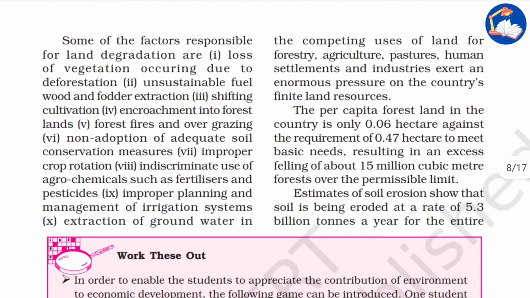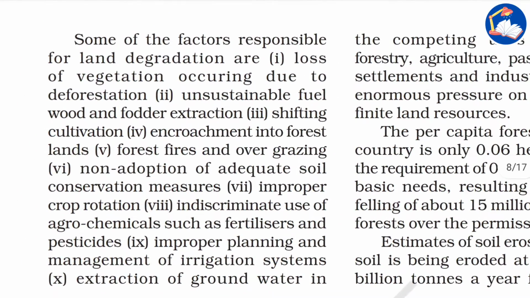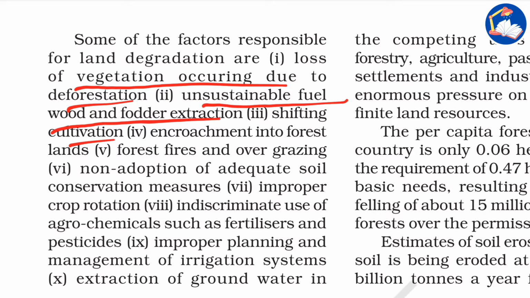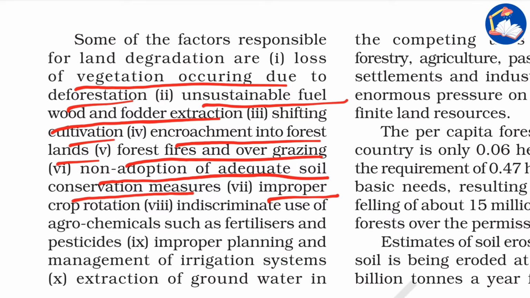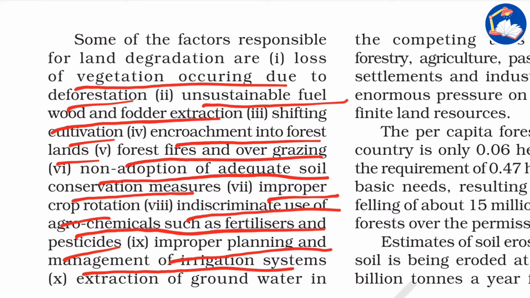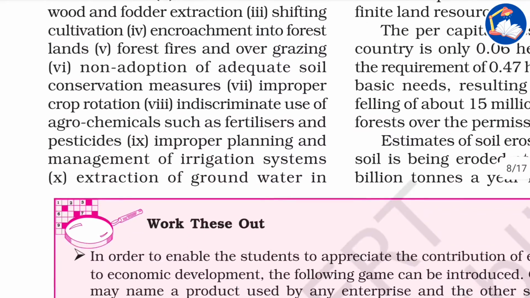Some of the factors responsible for land degradation are loss of vegetation due to deforestation, unsustainable fuel wood and fodder extraction, shifting cultivation, encroachment into forest lands, forest fires and overgrazing, non-adoption of adequate soil conservation measures, improper crop rotation, indiscriminate use of agrochemicals such as fertilizers and pesticides, improper planning and management of irrigation systems, and extraction of groundwater.